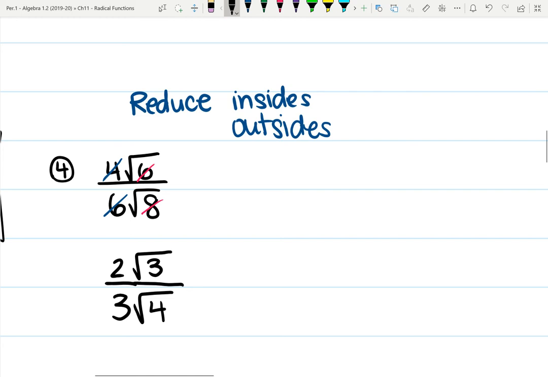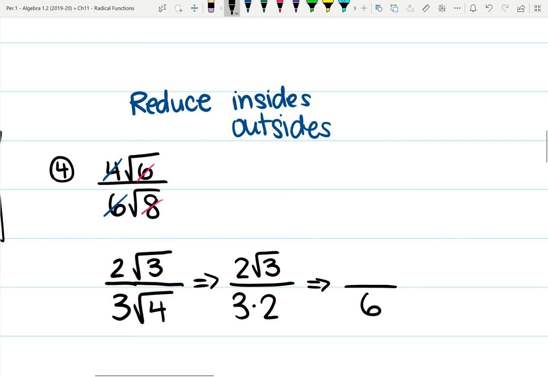So again, reducing, you can still reduce your fractions as long as you do not mix insides with outsides. Okay, from here though, look, I can simplify. Look at this, square root of 4. The square root of 4 is just 2, so I know that this on the bottom here will be 3 times 2. At the top, there's nothing I can do with that, so I'll just leave it. Bring it over. And take a look. 3 times 2, again, that's 6.